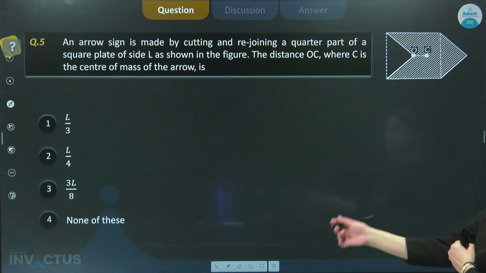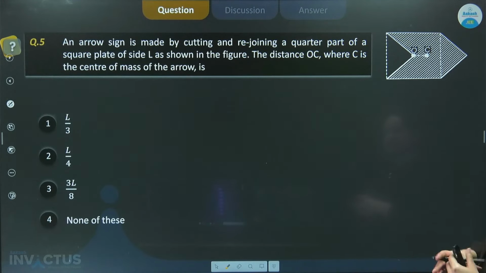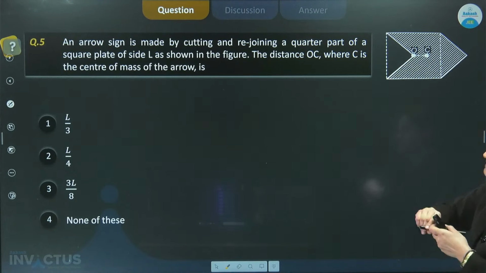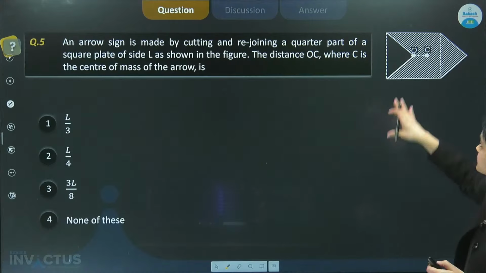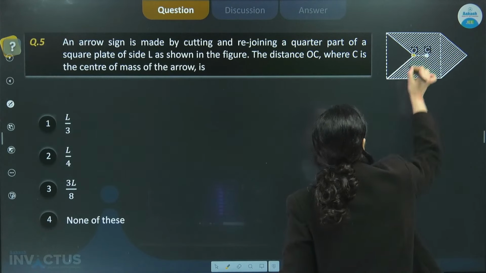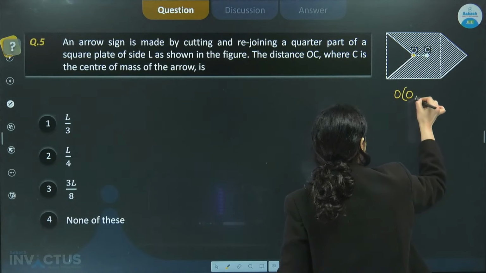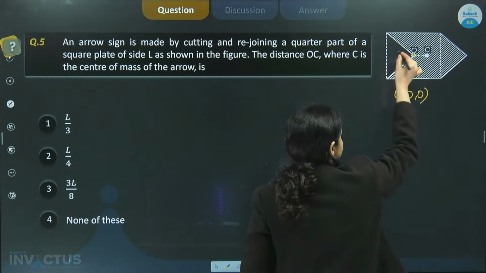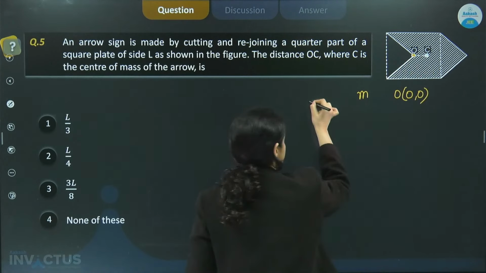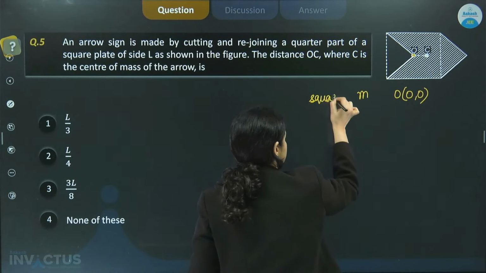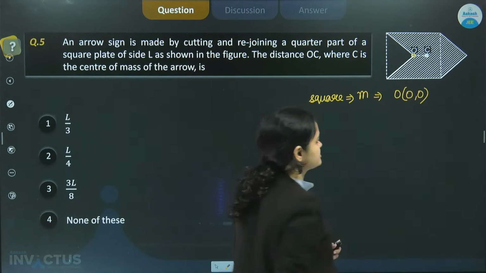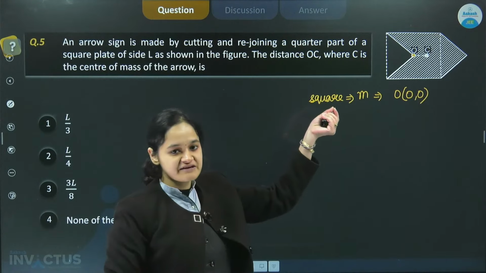Now the fifth one. I can see from a square, one part, 1/4, that means m by 4 mass, has been removed and placed over here. If I consider O as origin, (0, 0), then the mass of the complete square I'm considering to be m, and its center of mass is at O because O is the center.